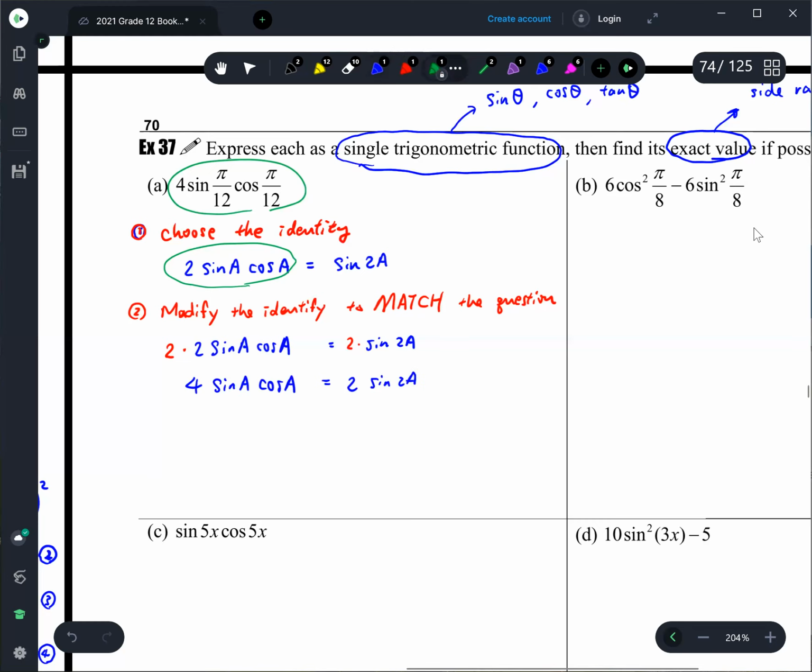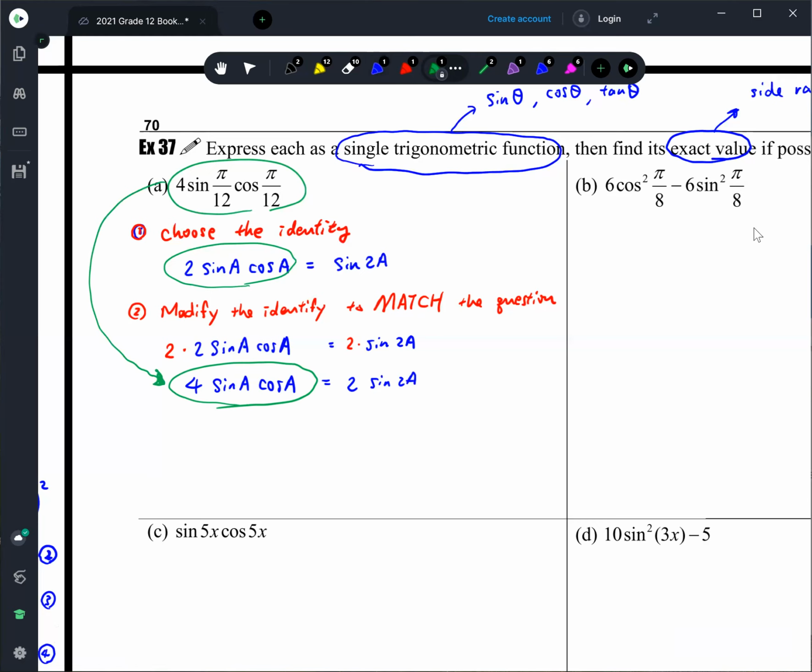Now you can see that the left side matches the question. Any questions so far? Can you raise your hand if you understand what's going on here? You pick an identity and try to make the identity look like the question.